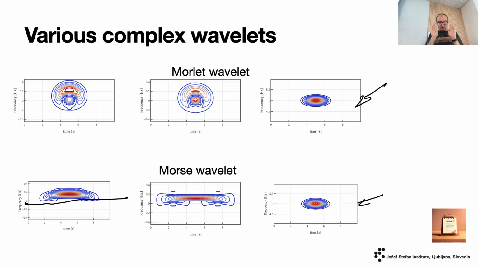And for that purpose, we are using Morse wavelet. So all this deep dive was to tell you, when you do this analysis, use Morse wavelet, trust me. So I hope now you trust me, that's why we selected this.